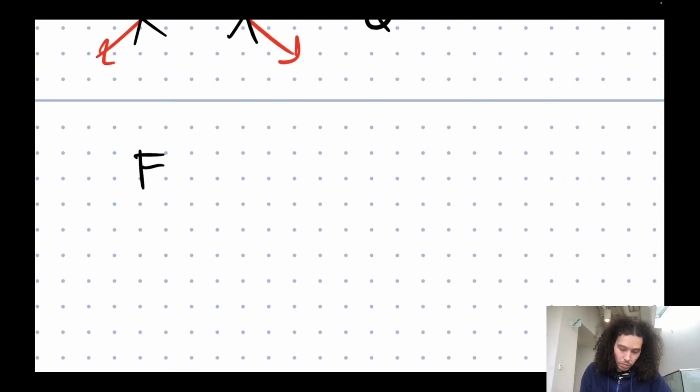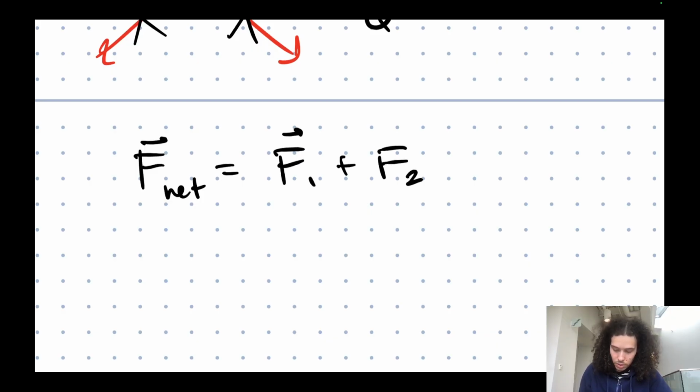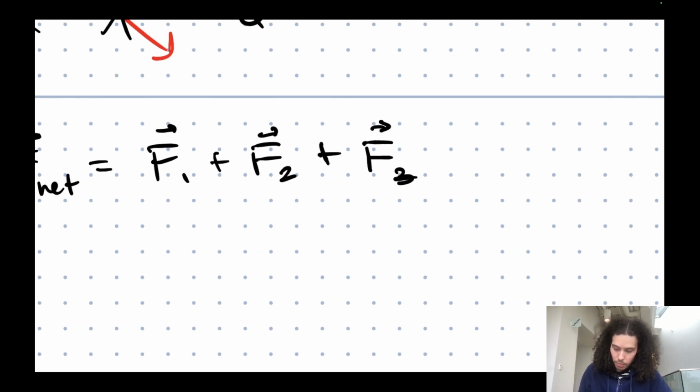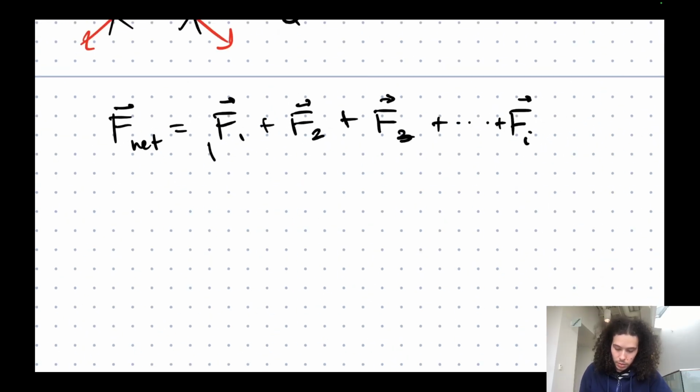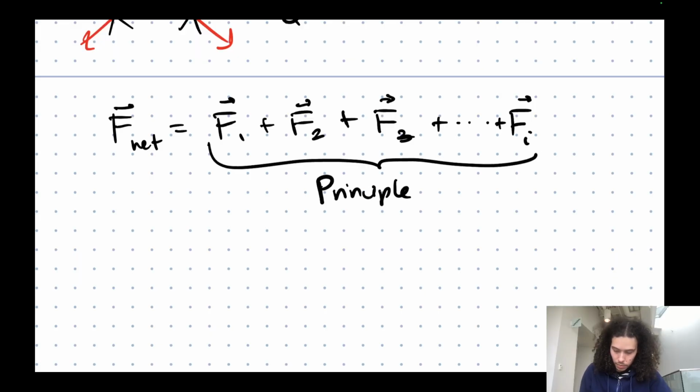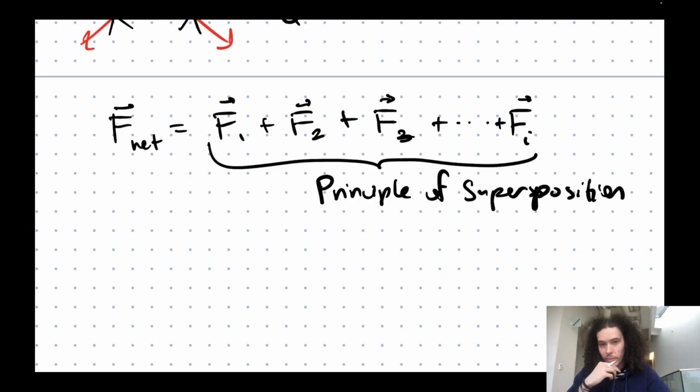In general, though, when you have just general vectors like this, I'm hoping that in the lecture I might have covered this. This is the principle of superposition. Principle of superposition in action.